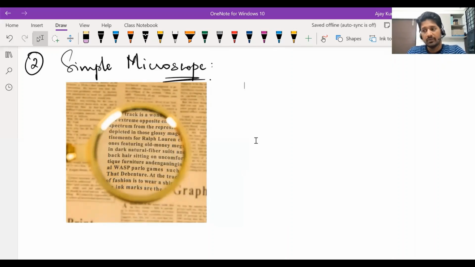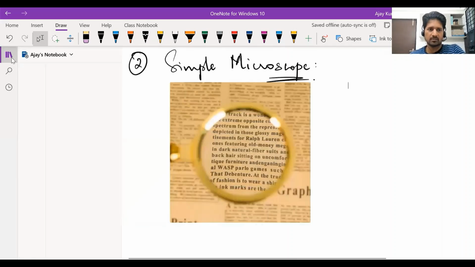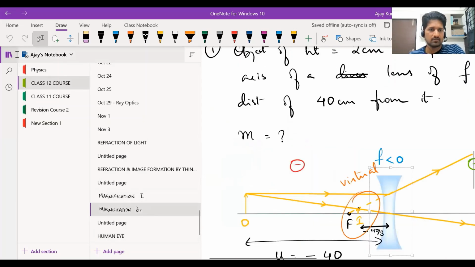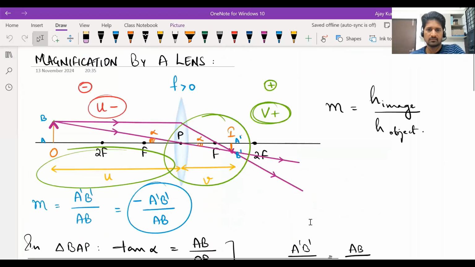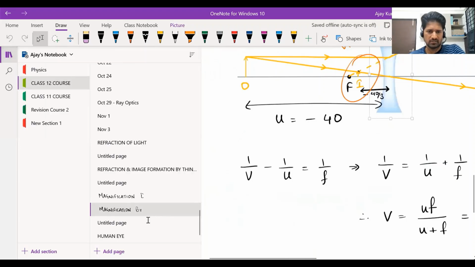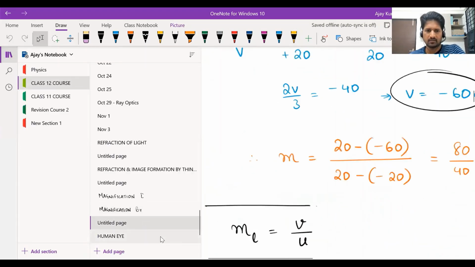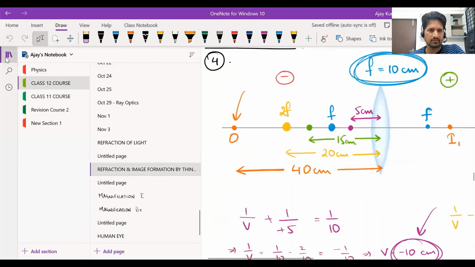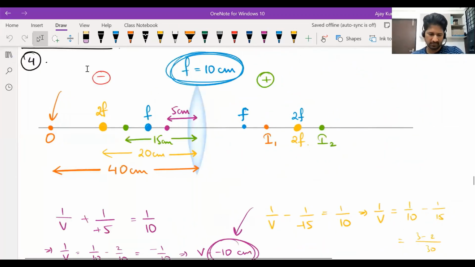Anyway, we want an upright image, meaning an erect image, and magnification should also be there. Now we have discussed all cases of image formation by lenses. Fine. I think I asked you to draw those cases. Okay, let's take this for example.